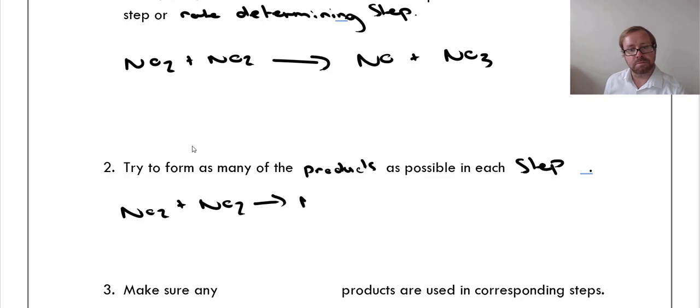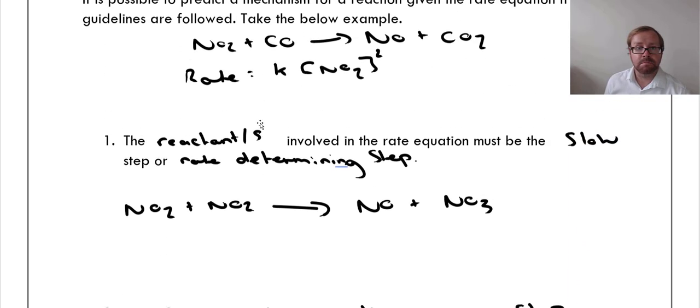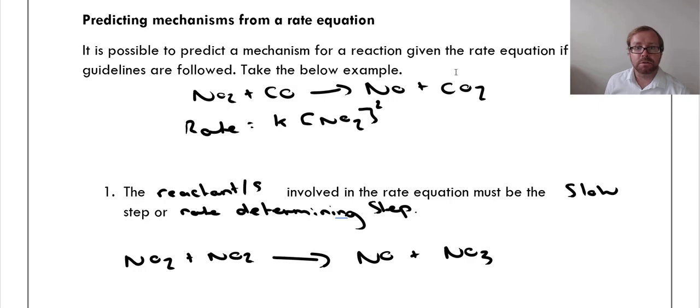So I've formed as many products as I can, which is my nitrogen monoxide, and then make sure any intermediate products are used in corresponding steps. So if I go back to the overall equation, there is no NO3 here.